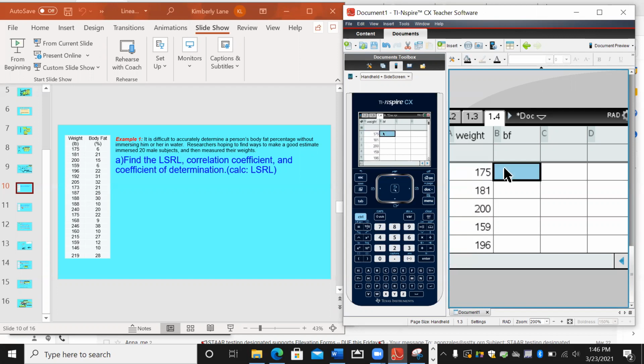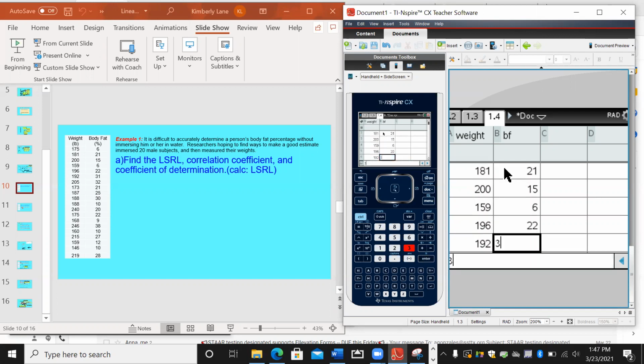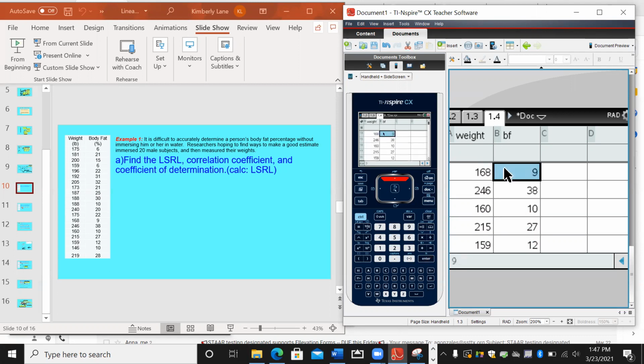Okay, and then put in the body fat percentage. I caught one, always good to double check, as I found my mistake there.